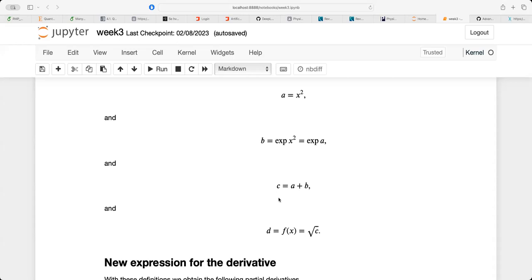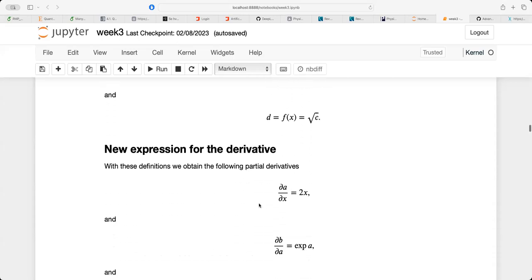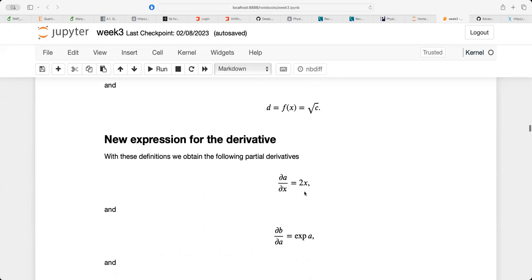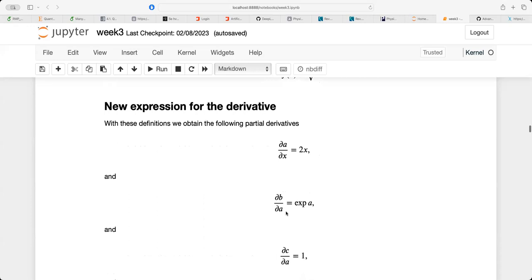If you then go back to the Jupyter notebook here, and we look at this specific function, we now have the derivatives. We have the derivative with respect to x of a, which is just 2 times x. We get dB dA, which is the exponential of a.